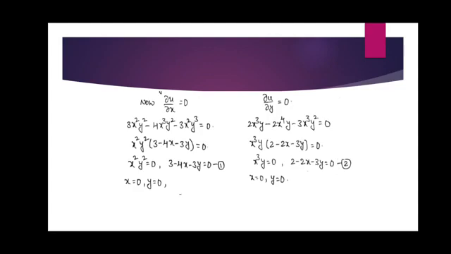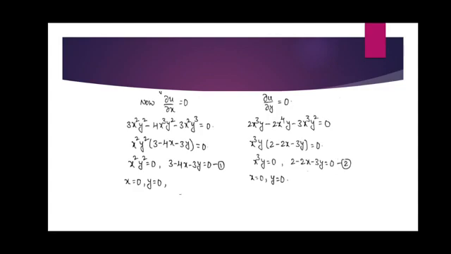So we take x cube y as common, then we get 2 minus 2x minus 3y equal to 0. Here either x cube y equal to 0 or 2 minus 2x minus 3y equal to 0. Take this as equation 2. From x cube y equal to 0, we know that x equals 0 and y is equal to 0. And now using these two equations, we have to find x and y.